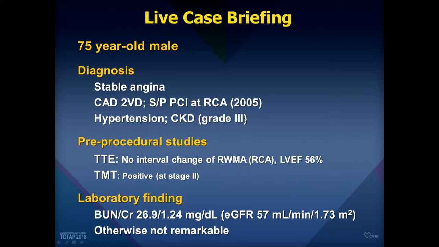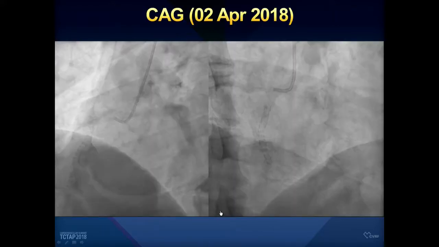On echocardiogram, there was no specific regional wall motion abnormality, and the ejection fraction was normal. But he had chest discomfort, and on the treadmill test, stage 2 positive. On laboratory findings, the creatinine level is a little bit increased. Others were not remarkable. Next.